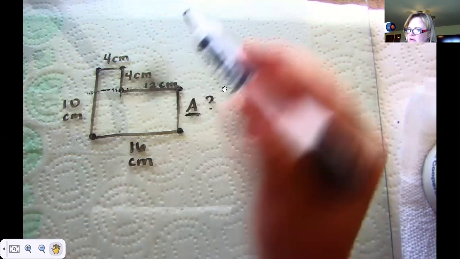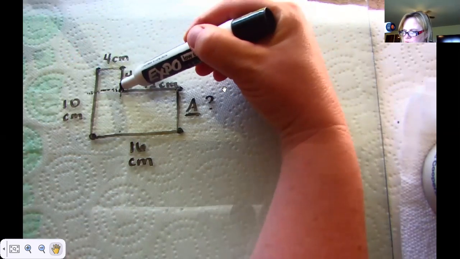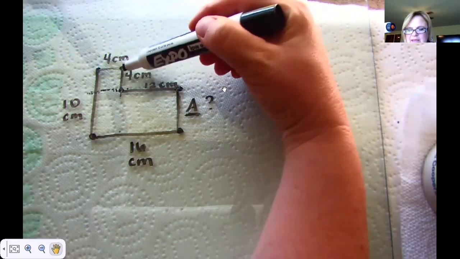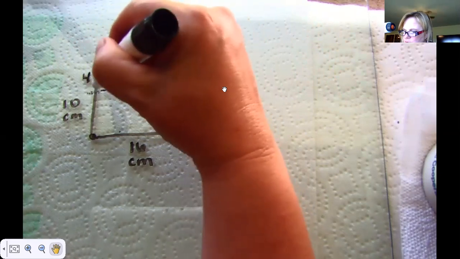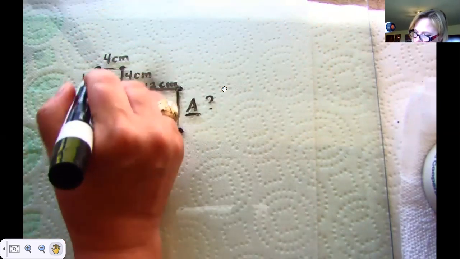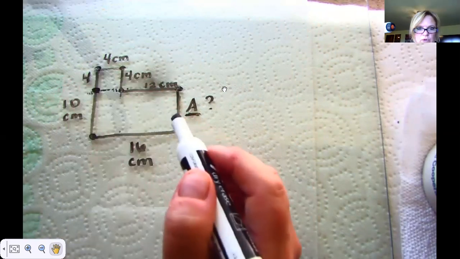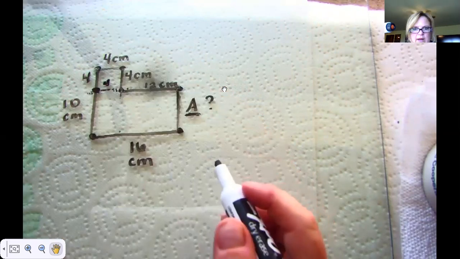Okay, and if I'm looking at this and I know this side is 4 centimeters and this side is 4 centimeters, then I know, hey, this is a square because all 4 sides are the same. So that little part, not the whole side, but from this point to this point, that's 4 centimeters as well. And then we know that would be 4 centimeters as well, right?